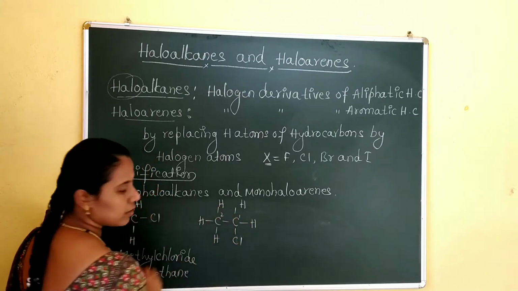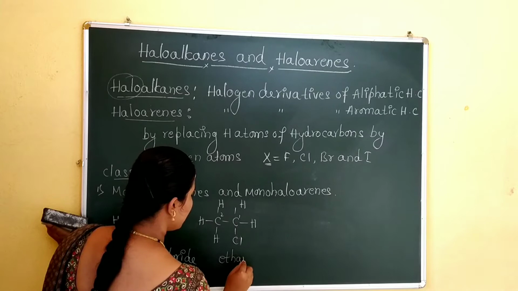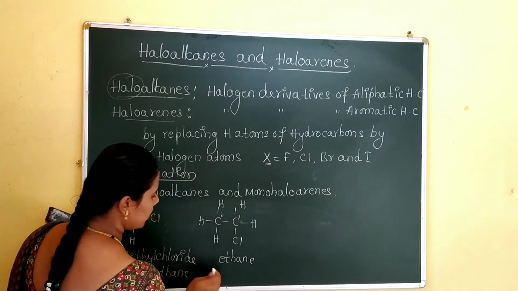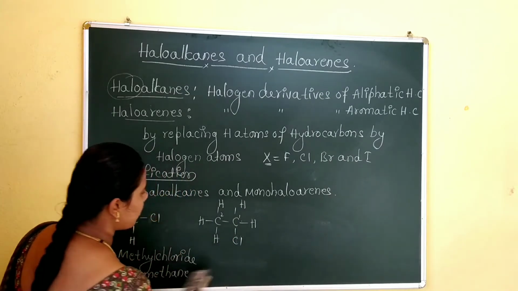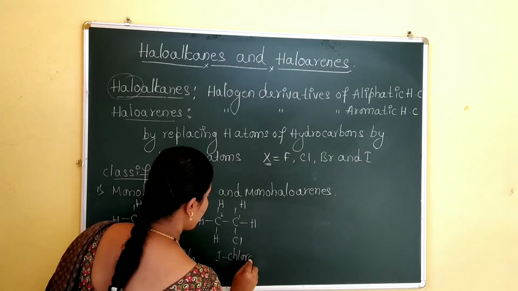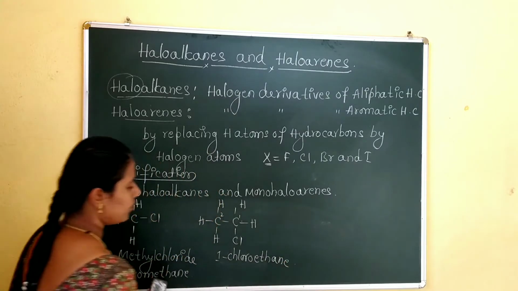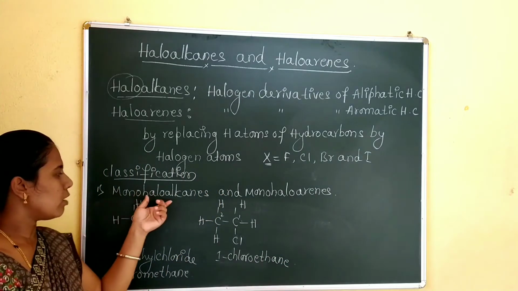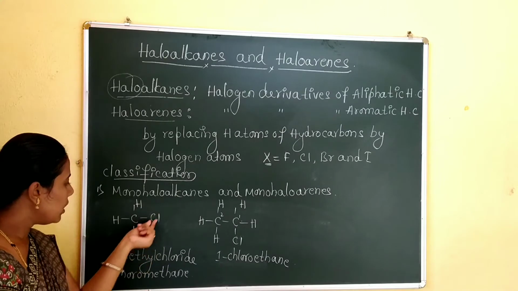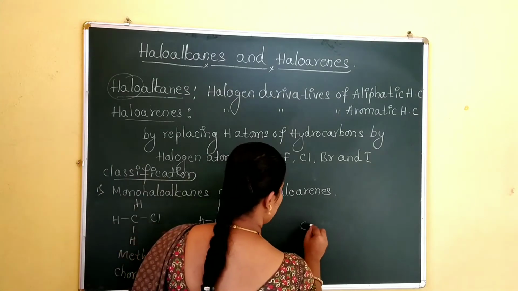With eth, two carbon atoms are there, eth-ane. The name of this compound is 1-chloroethane. Monohaloalkanes means they contain only one halogen atom.